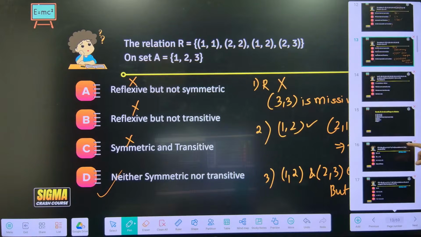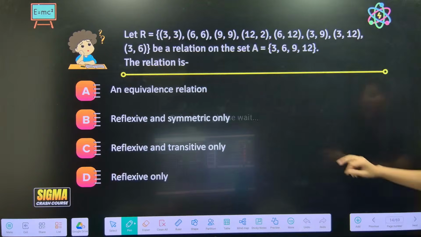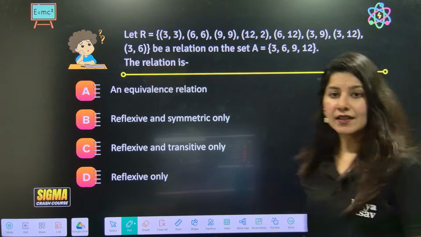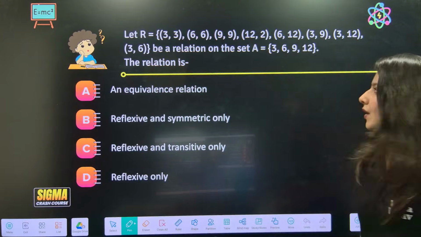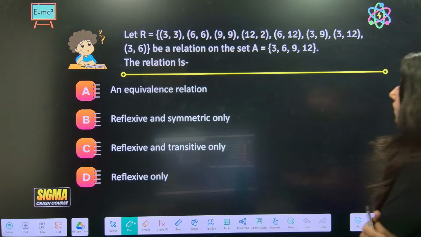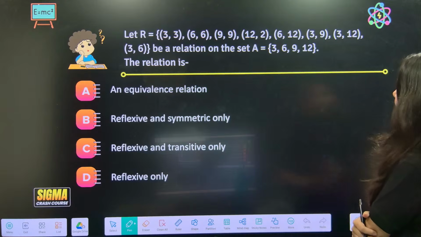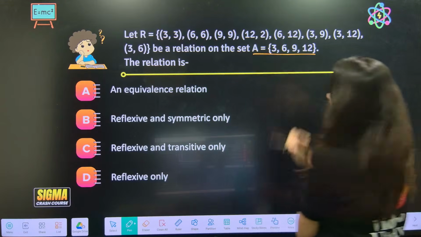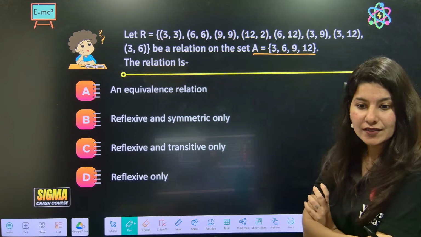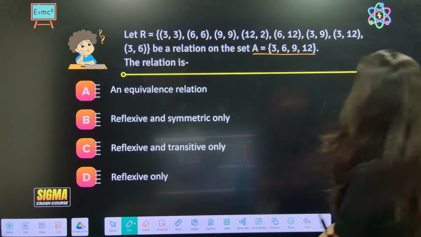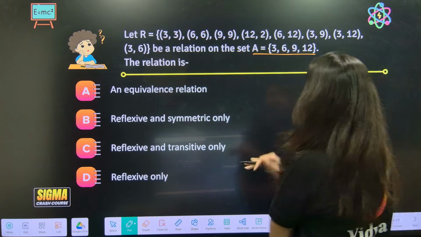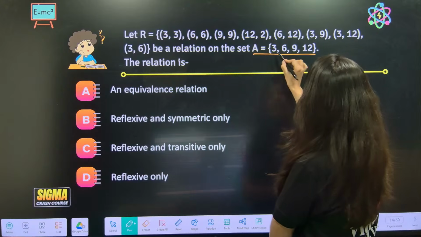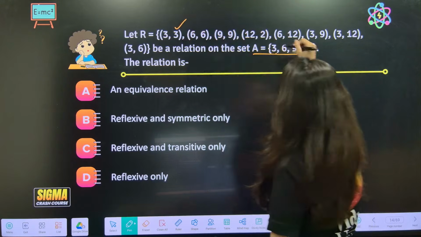All right. One more question. Let's see. Similar question. Now, R is your relation on set A. If your relation is reflexive, it should have 3, 3, which is there. It should have 6, 6.